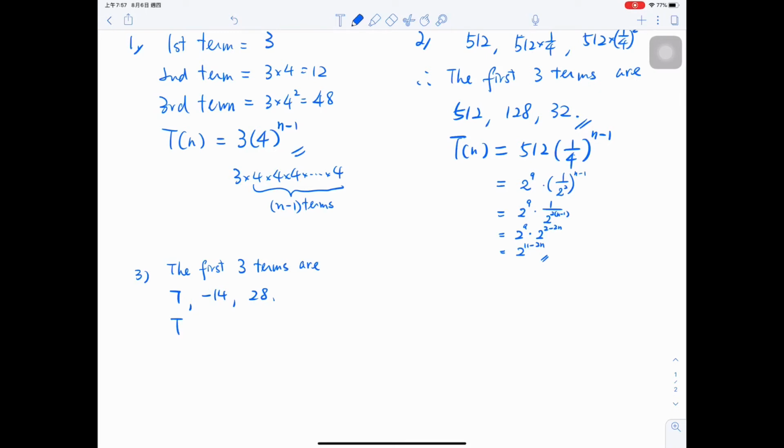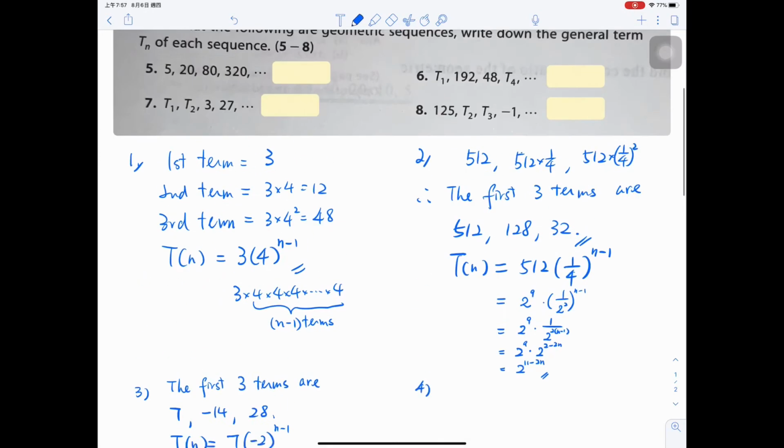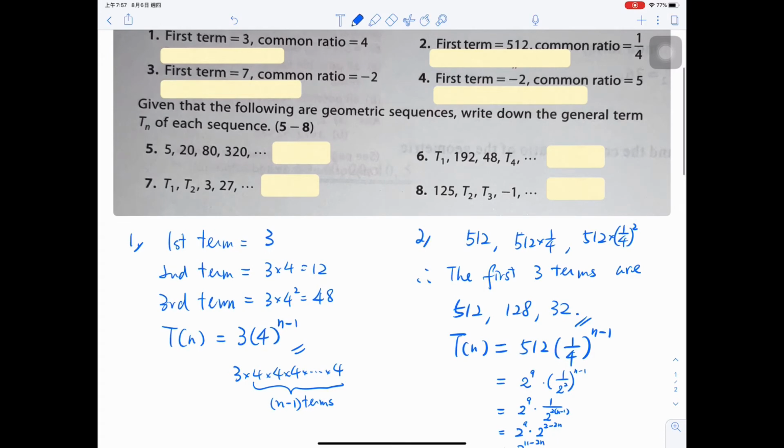How about Tn? 7 times the common ratio -2 to the power n minus 1. Like this. Question number 4, you can try by yourself. Okay, let's have a look.